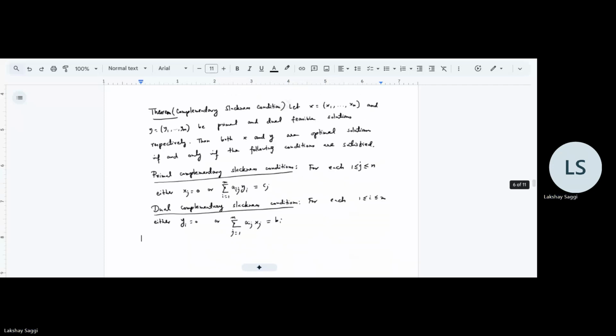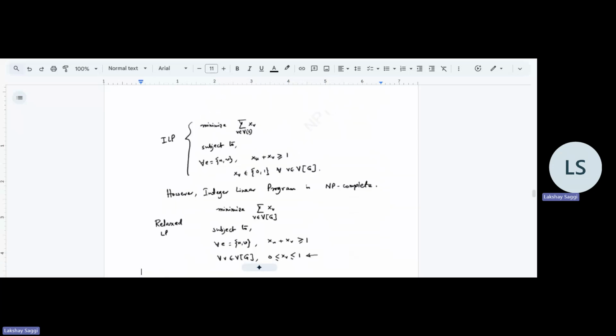Okay. So after discussing, on a somewhat high level, what these primal LPs and dual LPs are, and getting an idea of the complementary slackness and other properties of linear programs, let's come to the original task at hand: using linear programs to design good approximation algorithms.